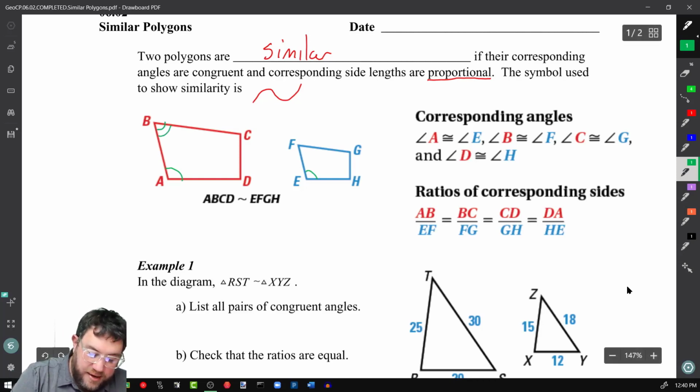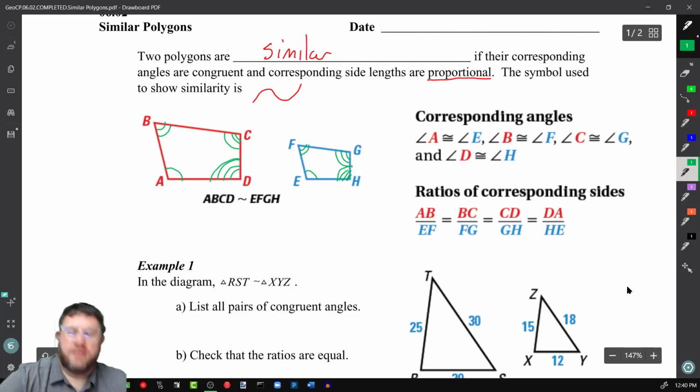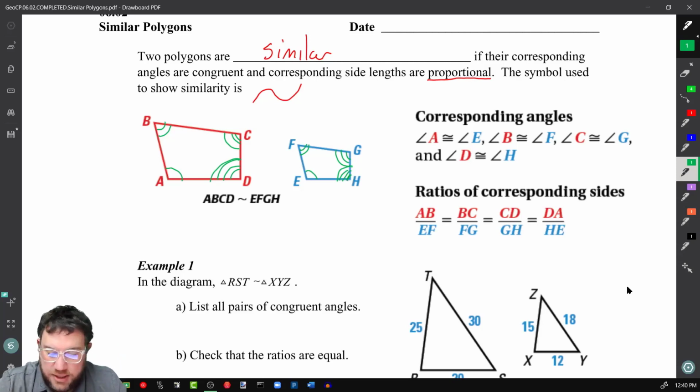Angles B and F are congruent, C and G, and then D and H. It's hard to get four arcs in there for those congruent angles, so just do your best on that.